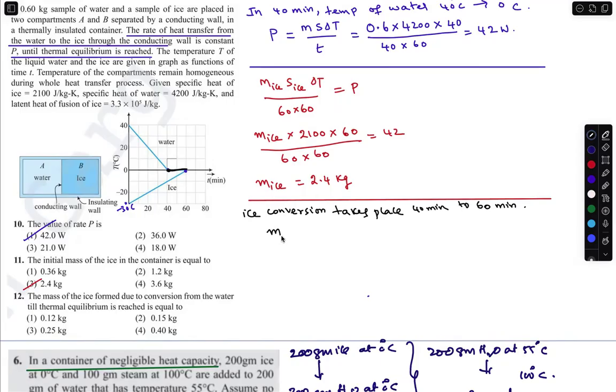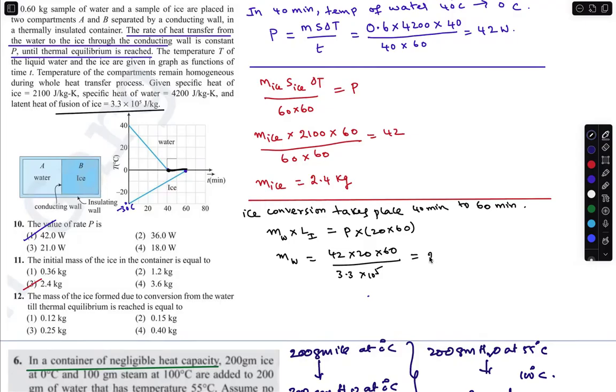What amount of water formed? M water, latent heat of fusion of ice is P into 20 into 60. I'm assuming whether it is true or not, that is none of my business. It's mentioned in the question. So the mass of the water converted into ice is 42 into 20 into 60 by, that is also given here, note this, 3.3 into 10 to the power of 5.